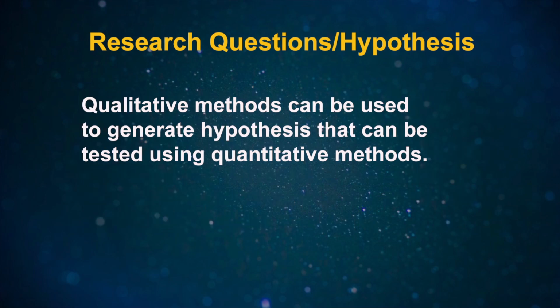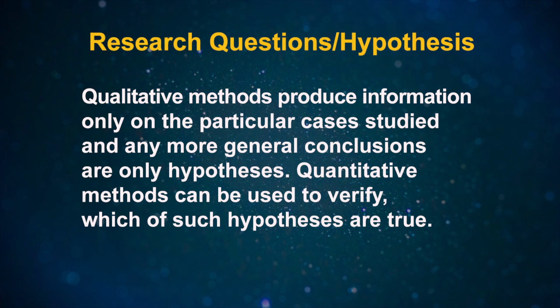Qualitative methods can be used to generate hypotheses that can be tested using quantitative methods. Qualitative methods produce information only on the particular case studied, and any more general conclusions are only hypotheses. Quantitative methods can be used to verify which of such hypotheses are true.